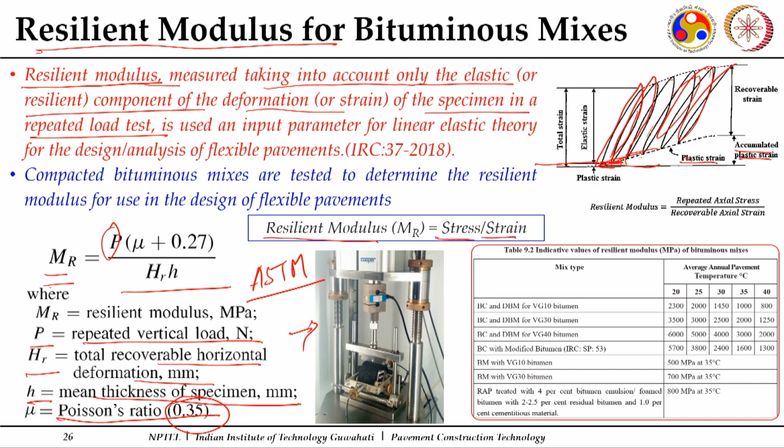Now, this is one parameter again. We need to ensure the aggregates, the binder, and the mixes are suitable. There are many more tests which are done on aggregates, bituminous binder, and the mix, especially the compacted mixes, to ensure their suitability for road construction or flexible pavement construction.